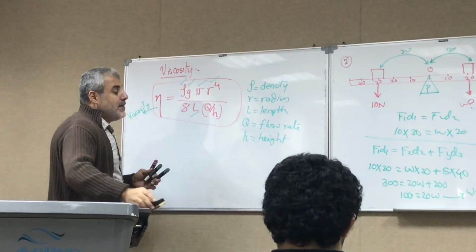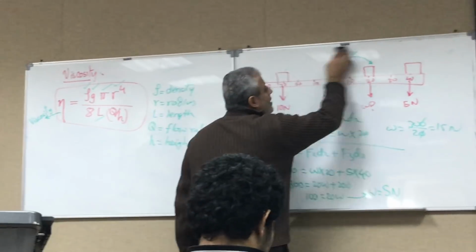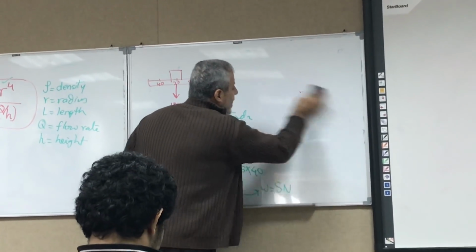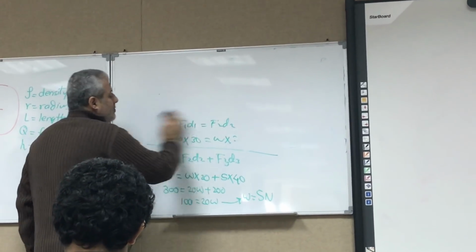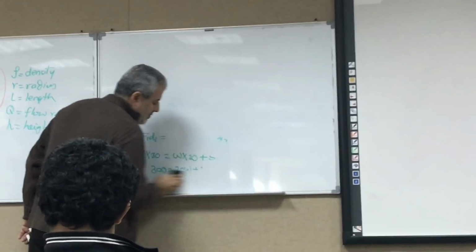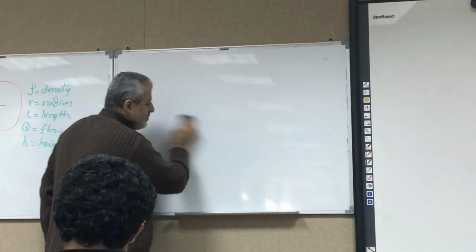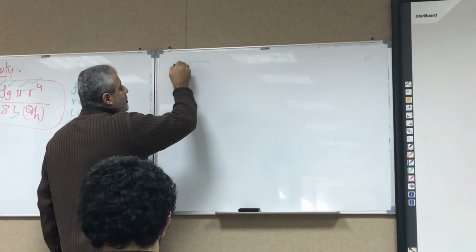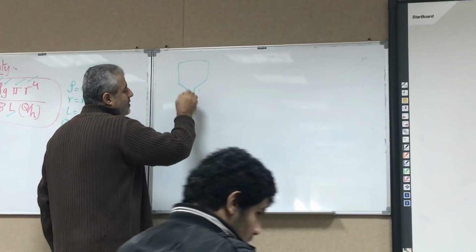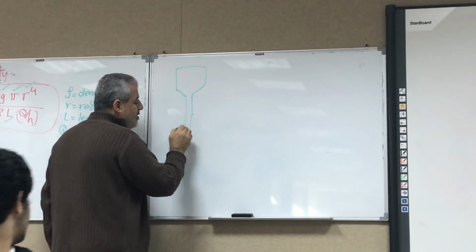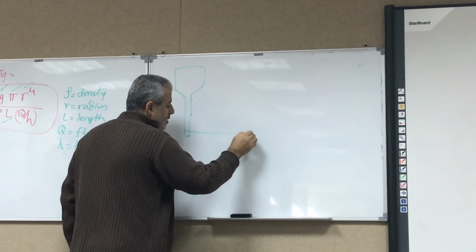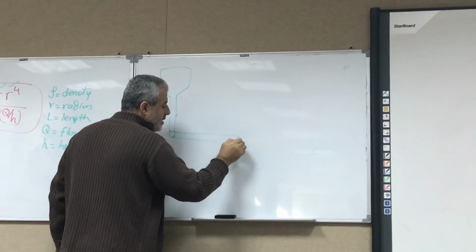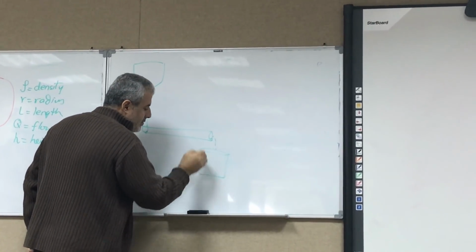So what we have here is simple. In my problem, I can give you the following. First of all, this is my container, and everything regarding the experiment you remember.